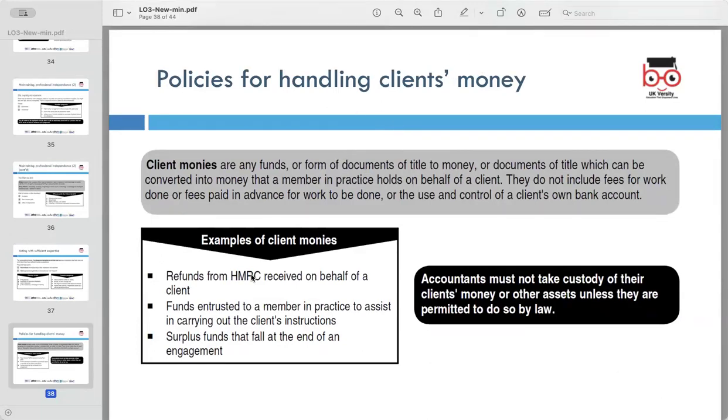For example, HMRC entrusted funds or surplus funds at the end of an engagement. Policies for handling client monies aim to ensure accountability, separation from personal or practice funds, and appropriate use for intended purposes. So these guidelines mitigate self-interest threats to professional behavior and objectivity, safeguarding the integrity of accounting practices and maintaining trust with clients.